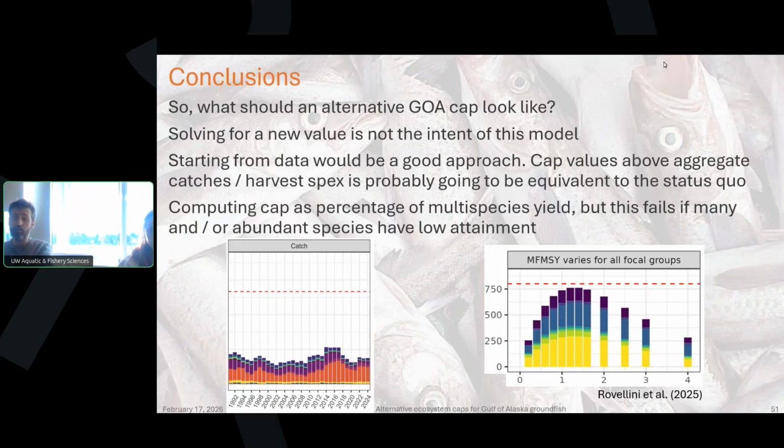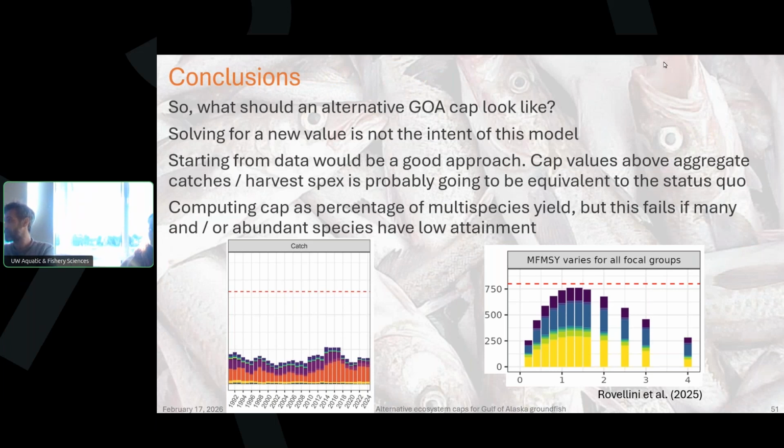I think that there's a couple of ways that one could think about an alternative cap. The simplest one is just look at the data, and here I have just catch, but you could look at the harvest specifications or single species estimates of productivity and see where they sit. And anything that is higher than the last 20 or 30 years of catch and harvest specifications is probably not going to really help constrain much in the future either.